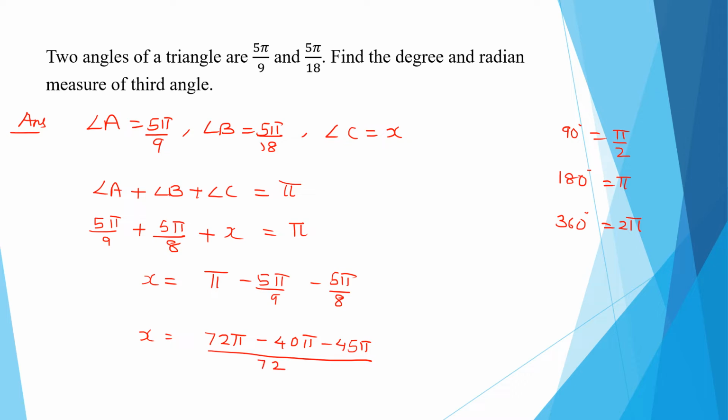If you calculate, it will come with some mistake I have made in calculation. 8 5s are 40, 9 5s are 45. Sorry, it is 5 pi by 18. Extremely sorry, it is 18. So this part is wrong. I'll just rectify it.